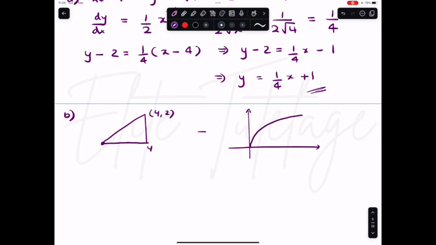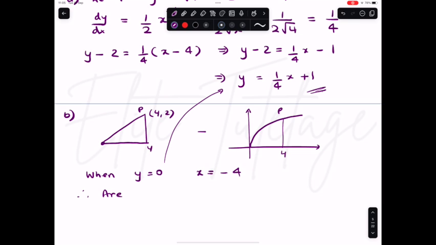Now that point is 4 on the x-axis, and that represents just P. All right, so now let's find out what that point on the x-axis is when y equals 0. If I pop that into the equation of the line L, I would get x equals minus 4. And therefore the area is half times 2 times 8, right? That's basically the distance between, and that gives me 8 units squared.